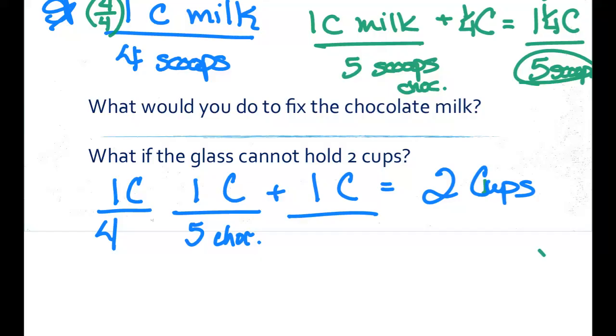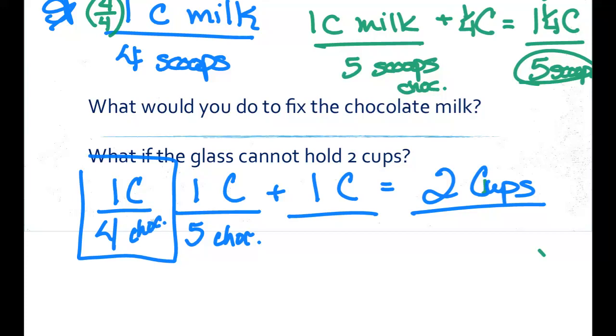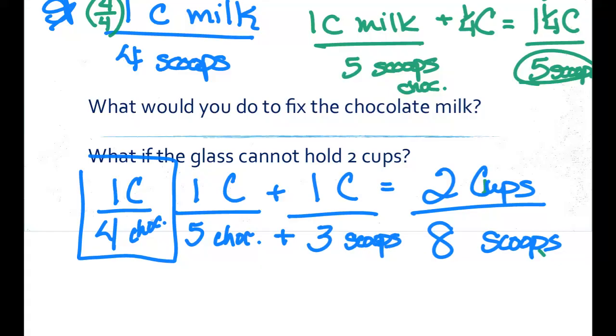For 2 cups. If 1 cup should be 4 scoops of chocolate, then 2 cups would be 8. 8 scoops. So that means I need how many more scoops? 3 scoops. Right? 5 plus the 3 gives me the 8.